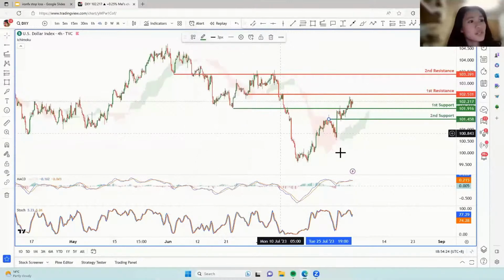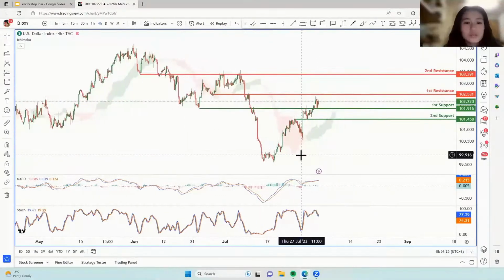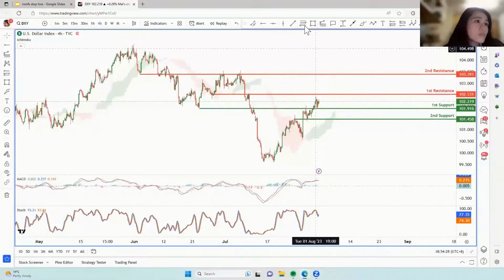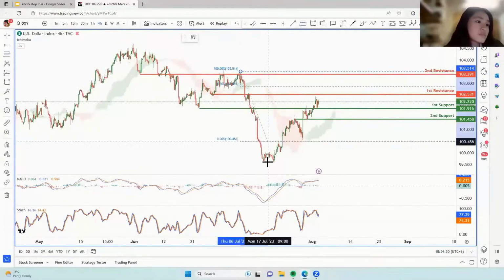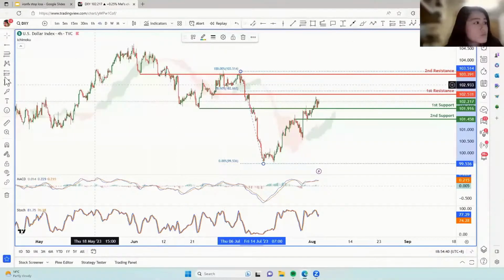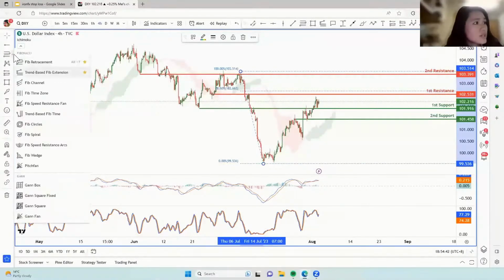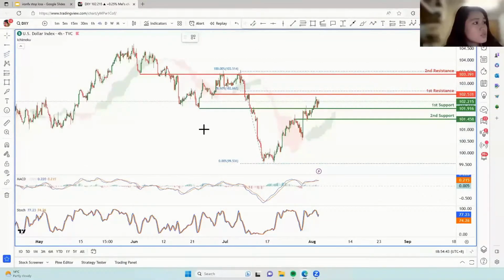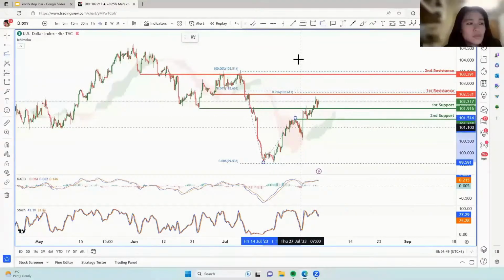Okay, now let's go in with our Fibonacci levels. Okay, my 78.6 lines up. And let's go in with a projection. Okay, for projection, we use these 3 levels.